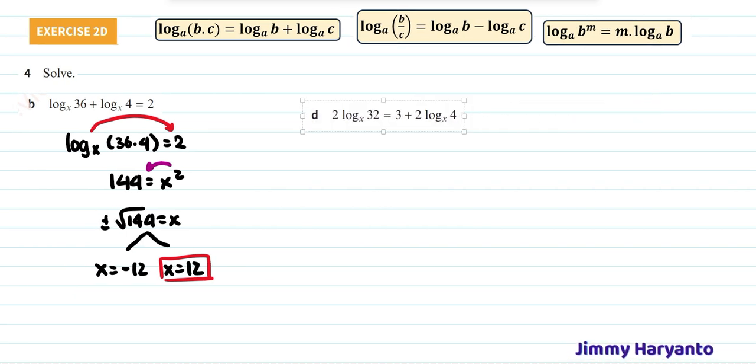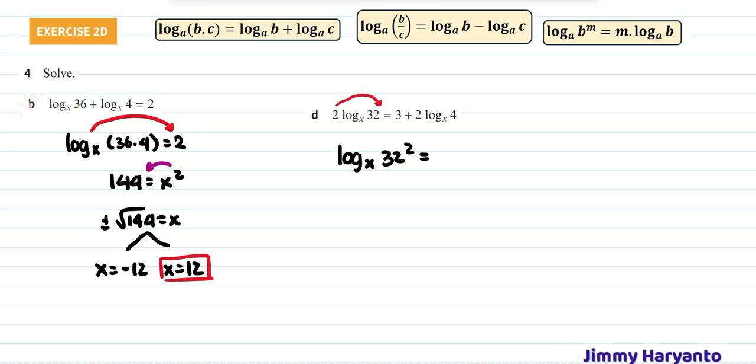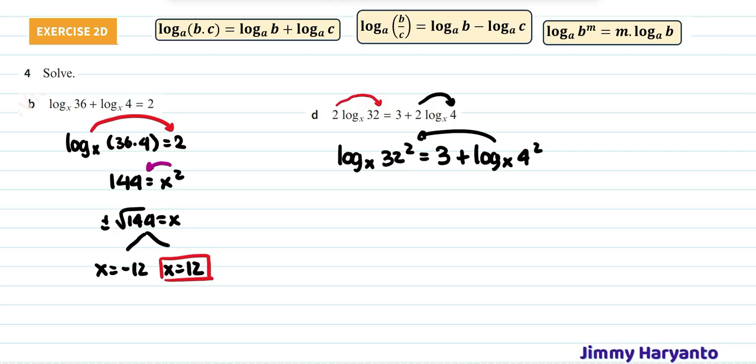For the D, I think I have to move this first to the back. So I will have log x and then 32 square equals 3 plus log x 4 square. Okay, and then I will move this.